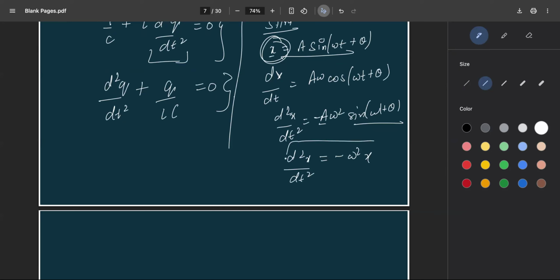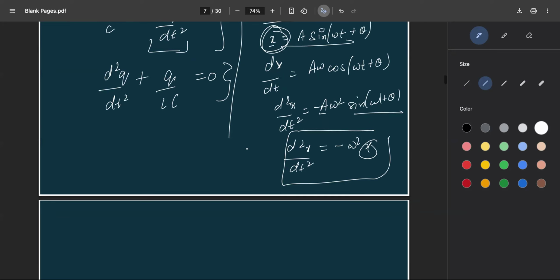So can you see this? In my equation, I have d2q by dt square. If I replace this x with q, isn't it the same thing? If you take it this side, I am going to get omega square x. Can I relate it? Yes.